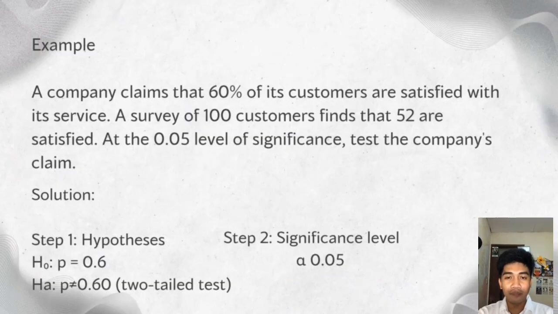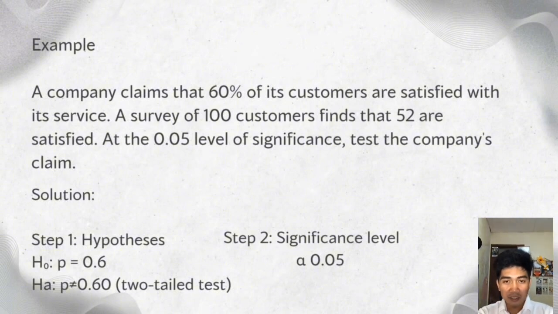For example, in this problem, a company claims that 60% of its customers are satisfied with its service. A survey of 100 customers finds that 52 are satisfied. At the 0.05 level of significance, test the company's claim. So the solution. Step 1 is the hypothesis.